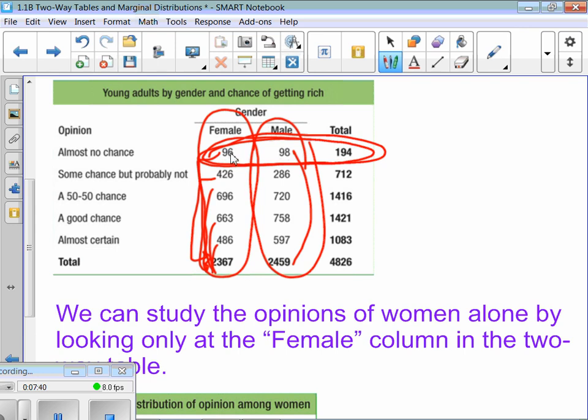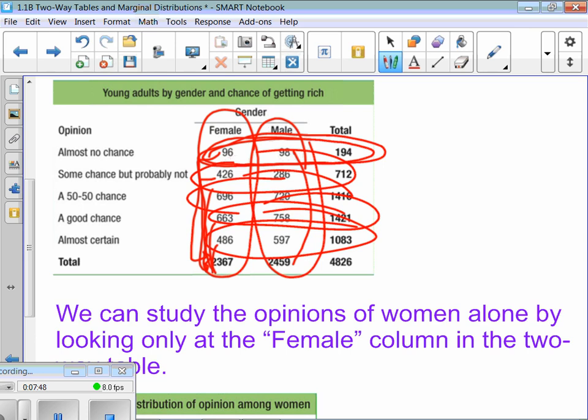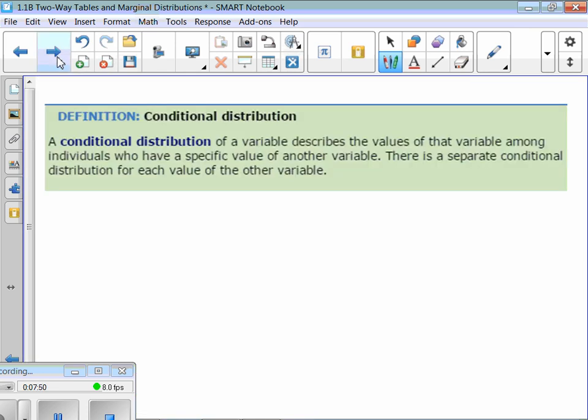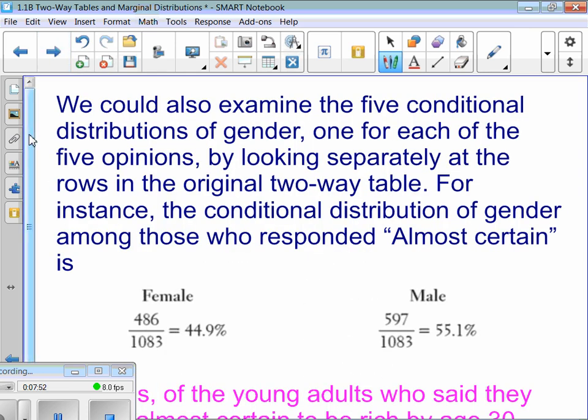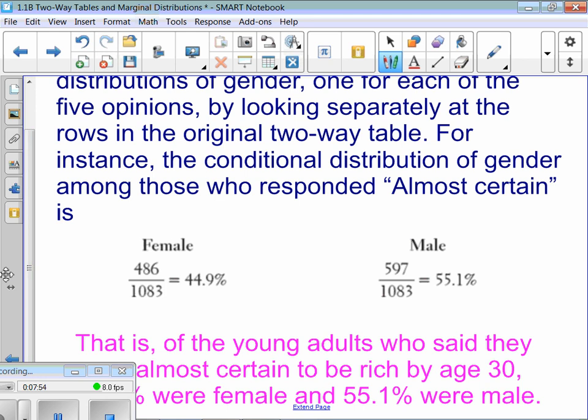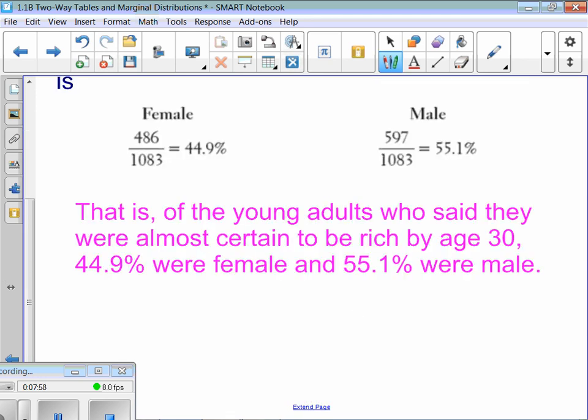And so we would divide 96 by 194 and 98 by 194, and we would do that for all 5 opinions. So we're separating it out by opinion. This first one calculates just the one that's almost certain. So 45% of females and 55% of males said they were almost certain to be rich by age 30.